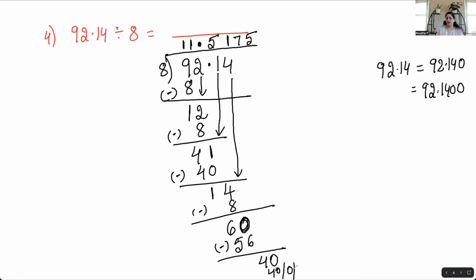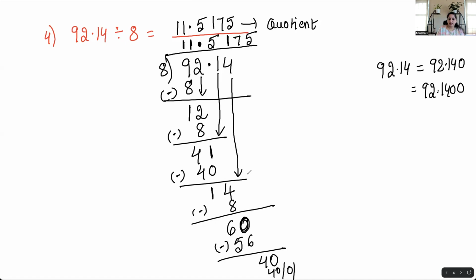For some questions, there will be continuously repeating decimals. In that case, after the decimal point, you can find 4 or 5 decimal places, and then you can stop there, okay? In this question, we got remainder as 0. So we can just keep 11.5175 as our coefficient. That is our answer.